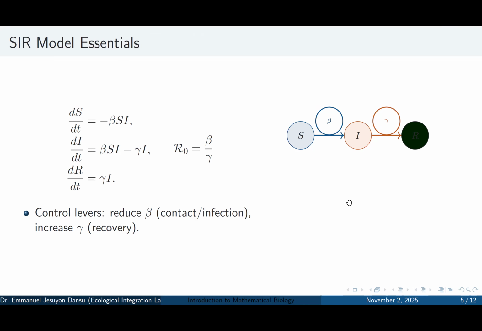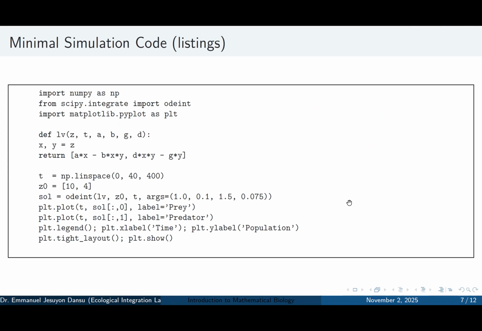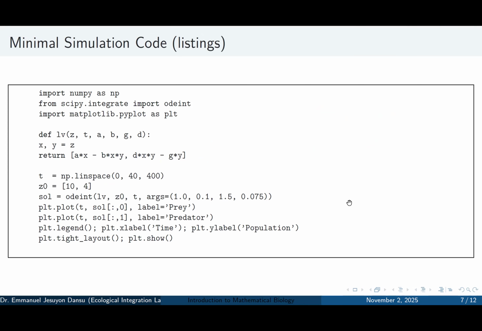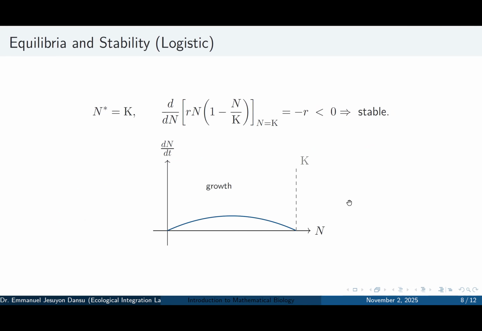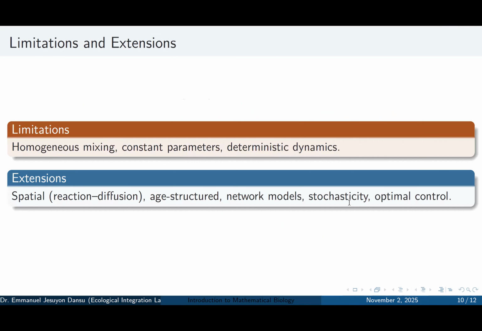I'm just talking about mathematical biology in brief. So we can even have a simulation code to take care of the system of these Lotka-Volterra cycles like this. And then we have minimal simulation code for that. Then equilibria and stability, logistic, we have this. Then intervention scenarios and all this.